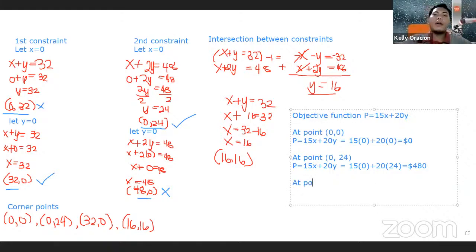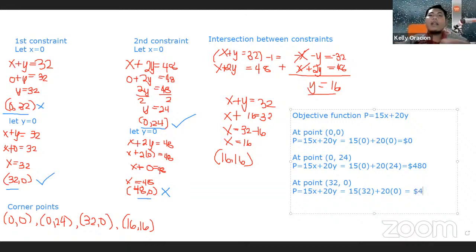Next, at (32, 0). Okay, substitute 15 times 32 plus 20 times 0. 15 times 32, still $480 pa rin.